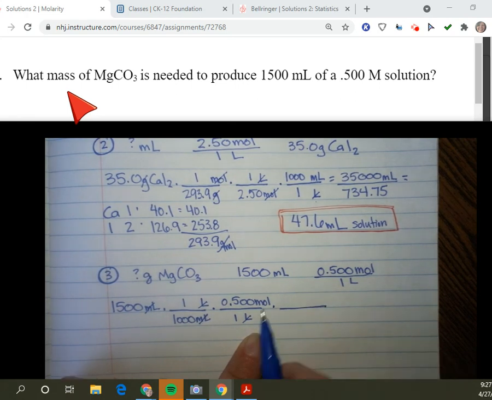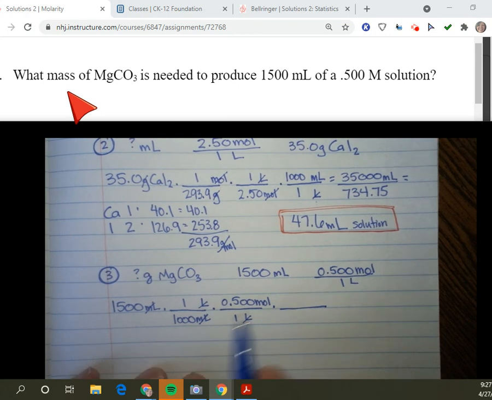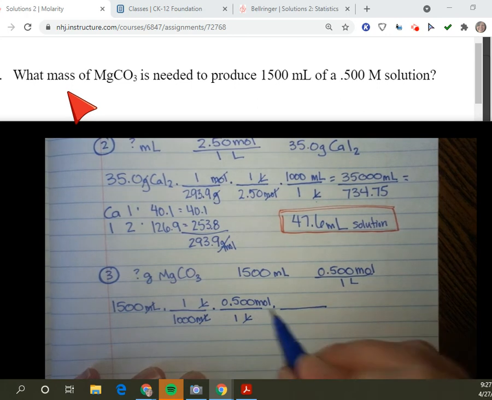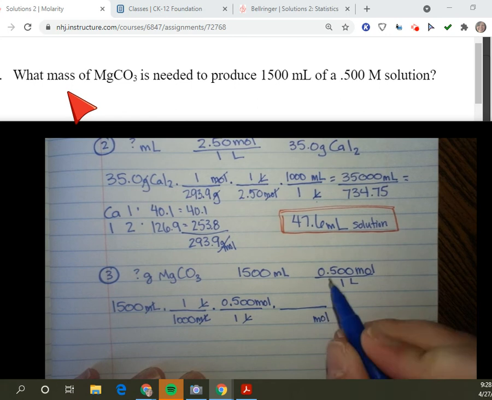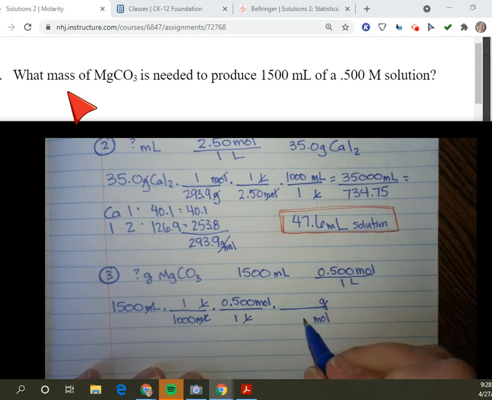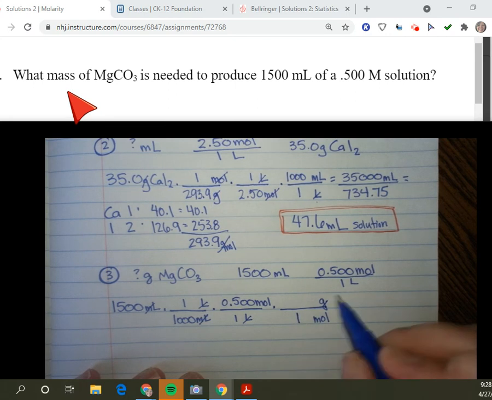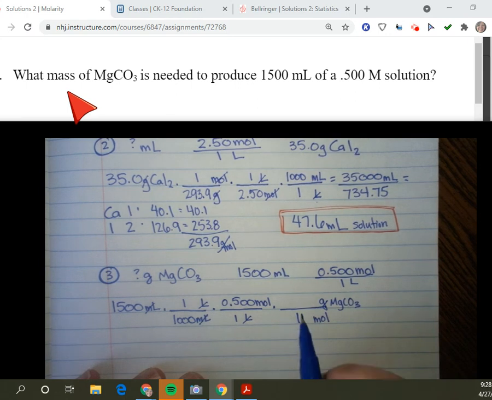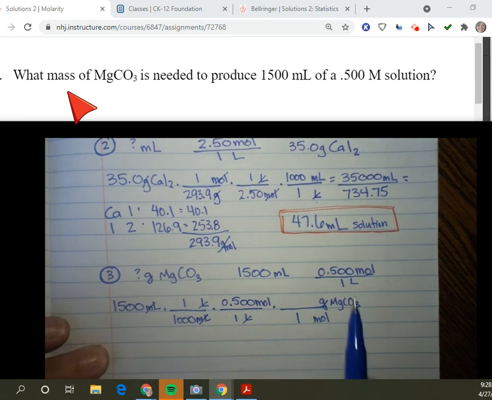And this kind of problem, we sort of do this a little bit backwards from what we're used to. We're used to going from grams to moles. But now we're going to go from moles to grams, because we want to cancel moles to come up with grams, which is what we're asked for in our problem. So we know 1 mole of the magnesium carbonate, but we need a mass.